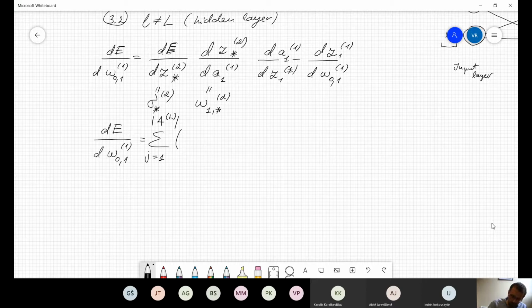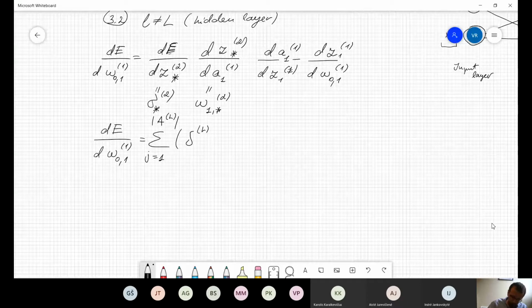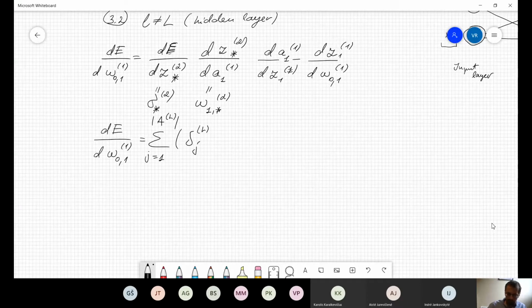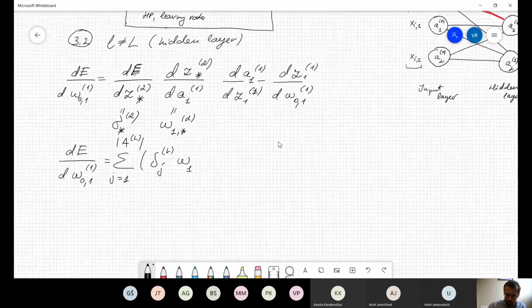We just take the delta of this, which is the first part, and we multiply by this guy, which is only the weight, because the derivative of the net input with respect to the activation is the weight.